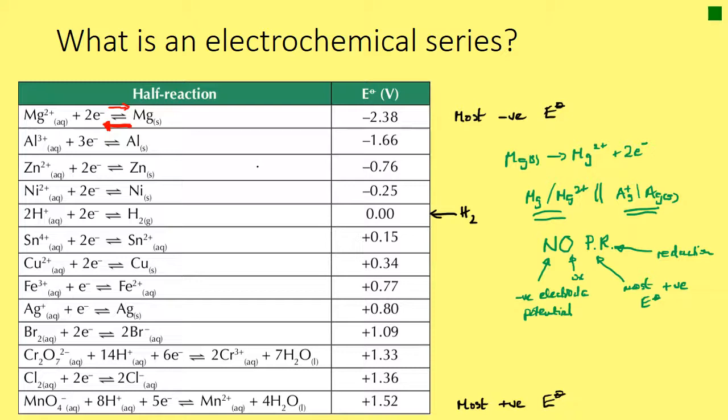You would have magnesium going to magnesium ions, and you'd have silver ions going to silver solid. And that would be the reduction reaction on the right hand side, and this would be the oxidation reaction on the left hand side.